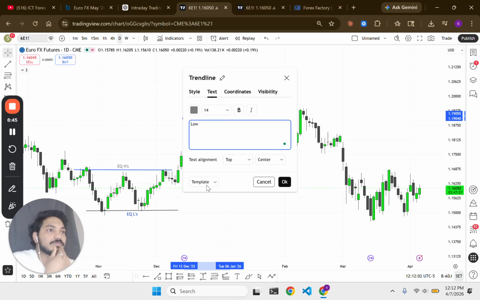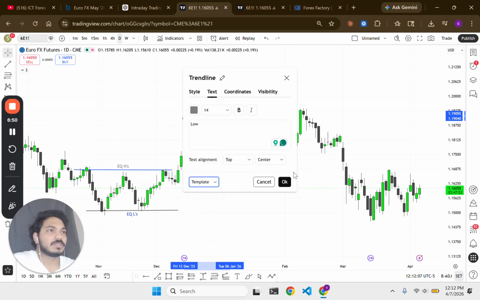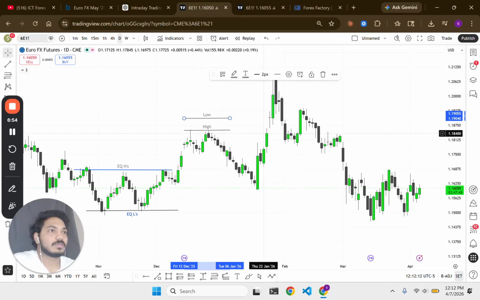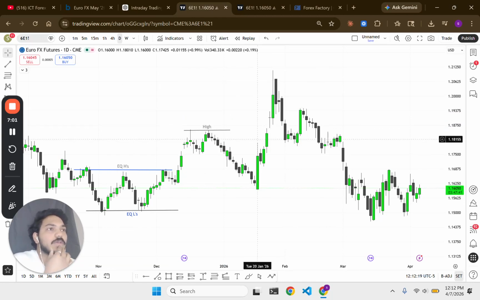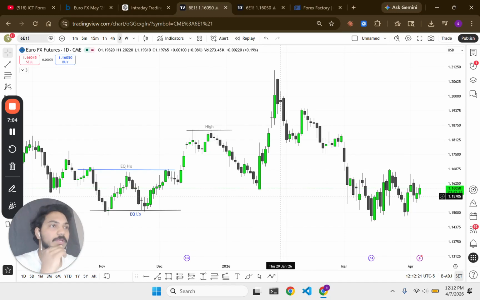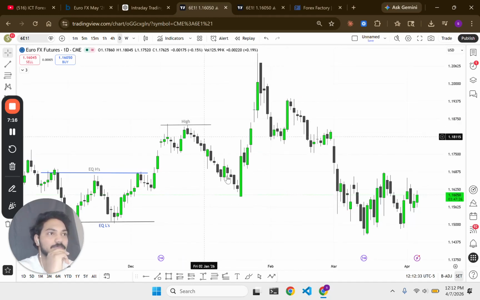This will help you out actually. Okay, right. Now from here on, we see a bearish trend making red candles. So where is Jan 2nd? This is Jan 2nd, right?